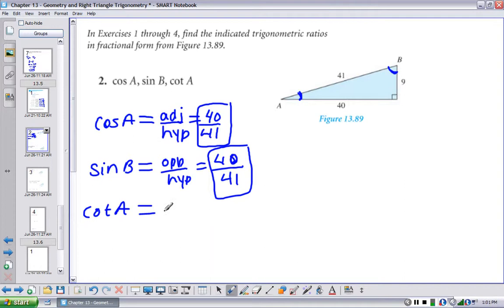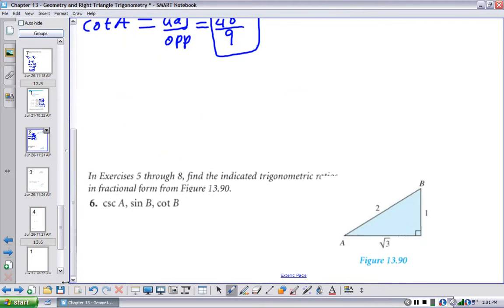Cotangent is adjacent over opposite. And we're looking at cotangent of A, so adjacent is 40, opposite is 9. So you really have to learn the meanings of these trigonometric ratios.